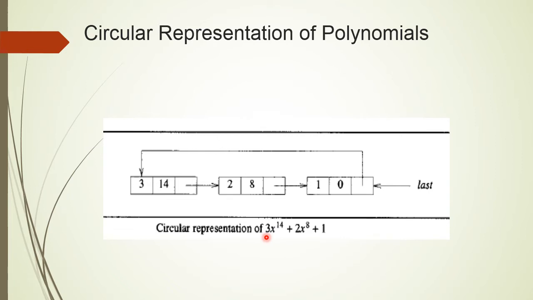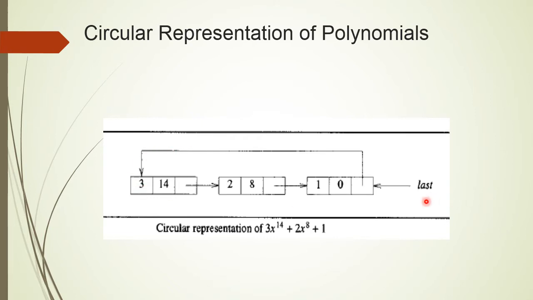So 3 is stored in the coefficient field and 14 in the exponent field. The second term has coefficient 2 and exponent 8. The third term has coefficient 1 and exponent 0, and we store the address of the first node in the link field of the last node.